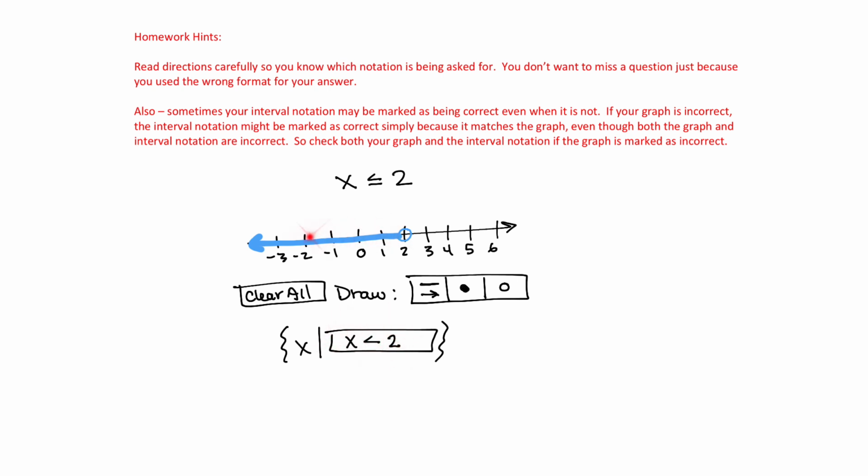This matches your graph, so it may not be marked wrong, even though it is wrong because it should be less than or equal to. So sometimes one of these two will be right and the other will be wrong when neither one of them match your answer. Okay, so if you get either part wrong, just start over.